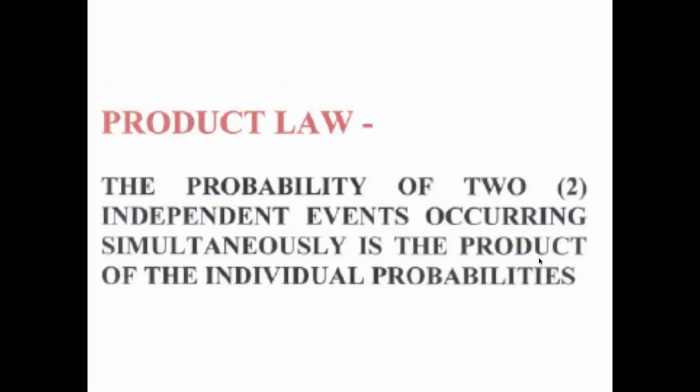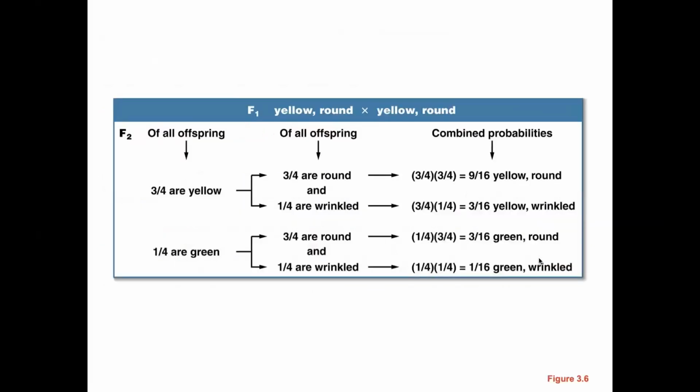Or alternatively, what if they're both tails? Again, a half times a half is a quarter. This is the same law of probability we're applying here, because with independent assortment you have two independent events occurring simultaneously, the inheritance of the alleles for the two genes controlling the two traits.